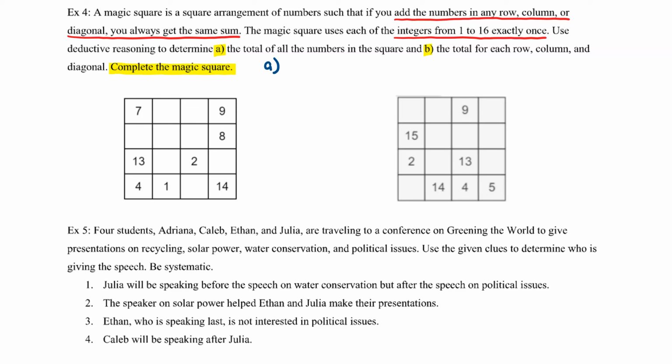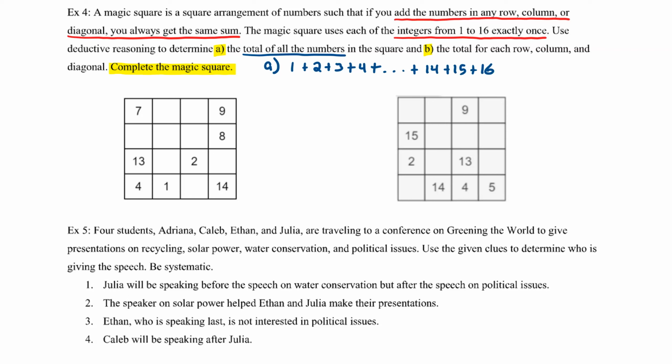So because all of those numbers will be in one of the boxes in the magic square, if we want to find the total of all numbers, then that means we're going to just very simply do 1 plus 2 plus 3 plus 4 all the way to 14, 15, and 16.